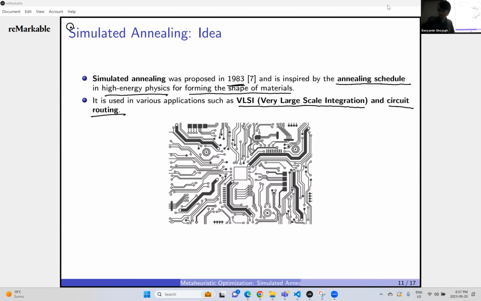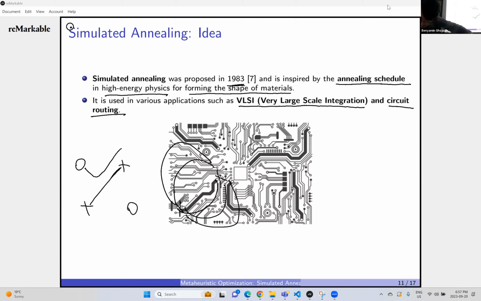Because, for example, from this point to this point, there are a lot of paths, but the paths should not intersect each other. Sometimes there is no choice. Sometimes there is a choice to go like this. Sometimes I can't, and when I can't, then I do this.